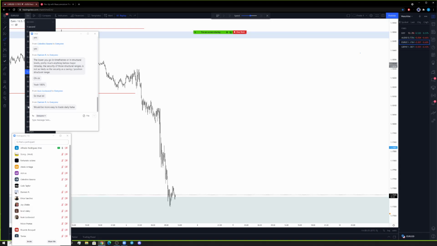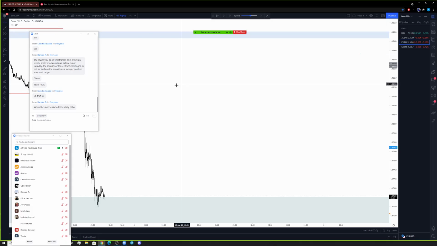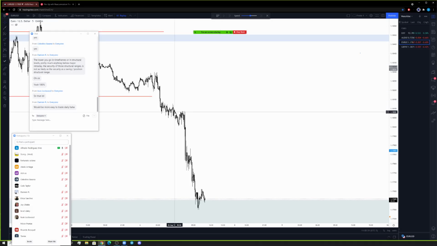Exactly, which is why you don't see me trading every day anymore. Can I trade these intraday ranges and get these trades on a daily basis? 100%. Anybody can. But the thing is, risk, willingness, and ability. Am I willing to take the risk, and can I afford the risk? Those are subjective to you.